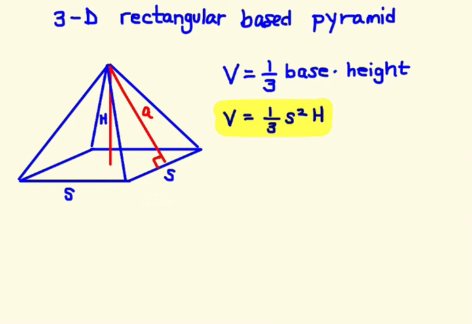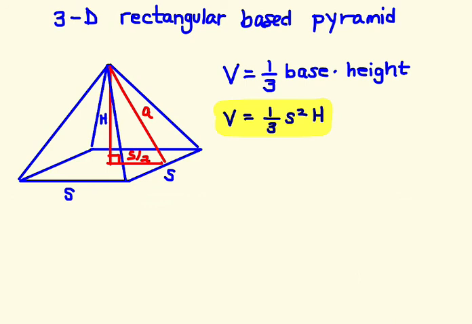What you're also going to notice, though, is if you came out straight this way, maybe I should call it C, not only is it the altitude to the side triangle, it is the hypotenuse of an inside triangle that has legs H and S over 2. So we can use the Pythagorean theorem to find this value A.